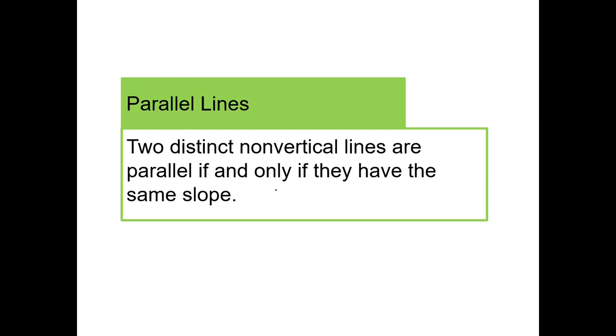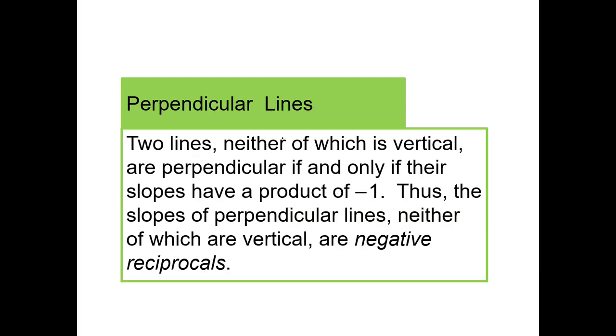The definition of parallel lines: two distinct non-vertical lines are parallel if and only if they have the same slope. So if they have the same slope, these two lines will never intersect. Perpendicular lines: two lines, neither of which is vertical, are perpendicular if and only if their slopes have a product of -1.